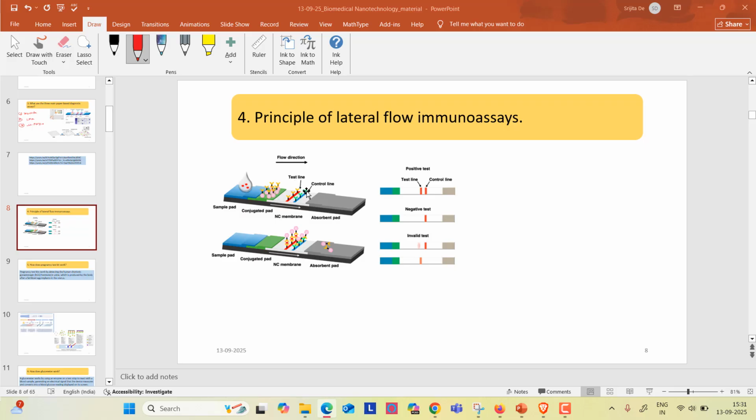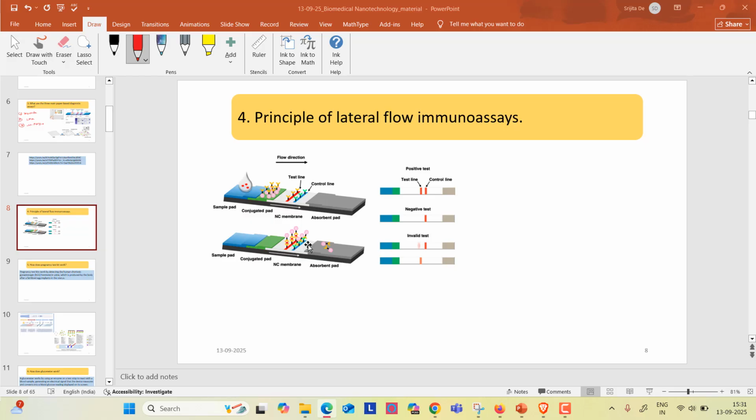If the color changes in both the test line and the control line, then you are considered a positive patient. And if only the control line shows the color change, then you are a negative patient, right? So you can see now the antigen is conjugated with the antibody attached with nanoparticles, and now this is going to the test line, and in the test line it is sandwiched between the two antibodies, and suppose it is giving a color.